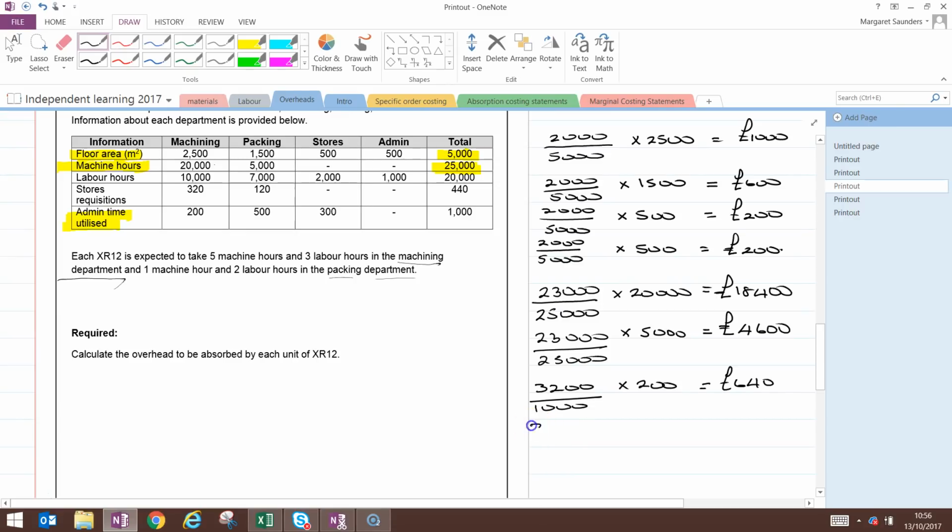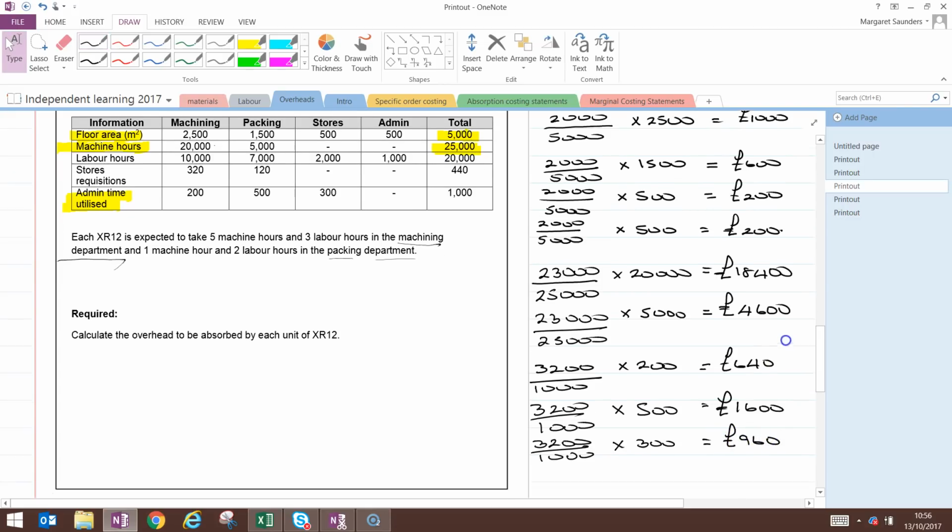Then 3,200 divided by 1,000 times 500 gives us the packing figure, and 3,200 divided by 1,000 times 300 gives us the stores figure.